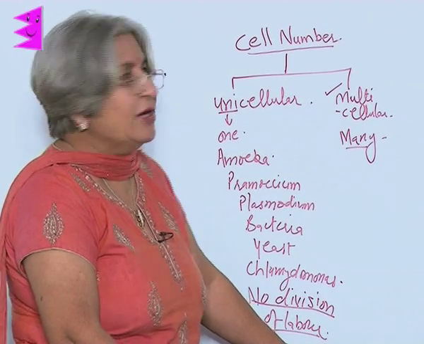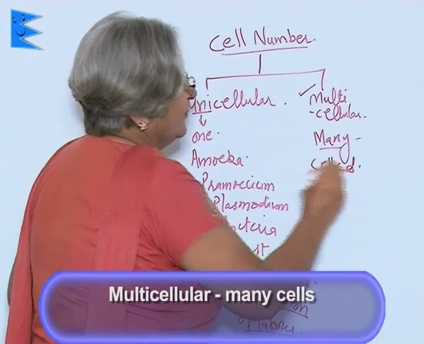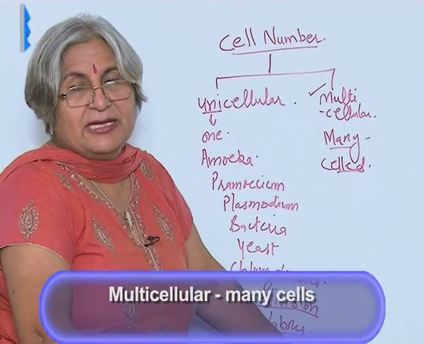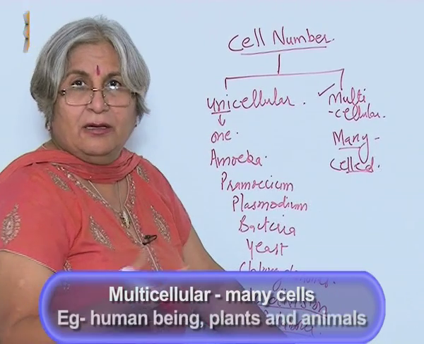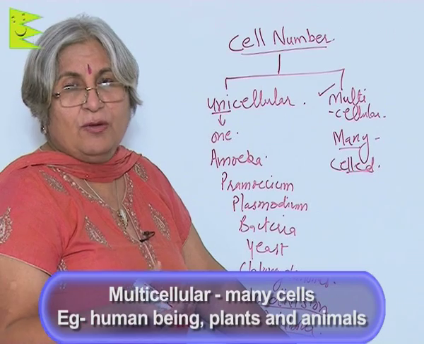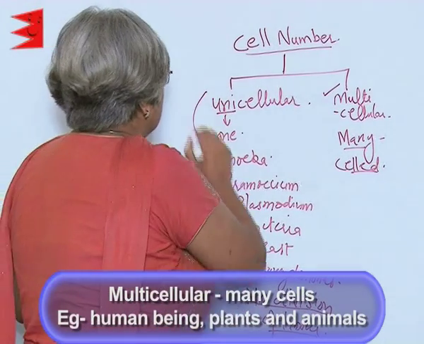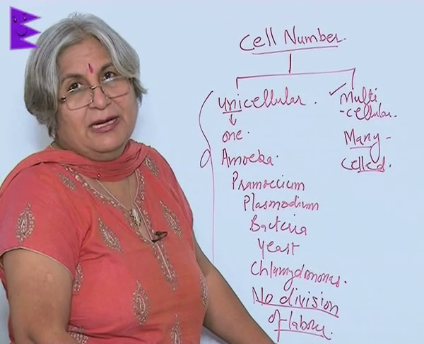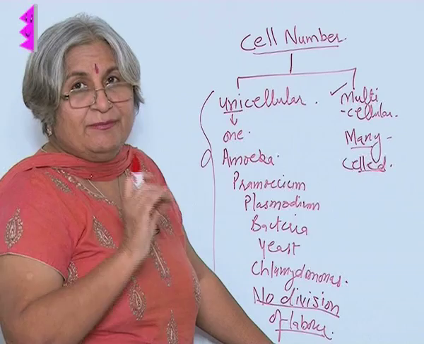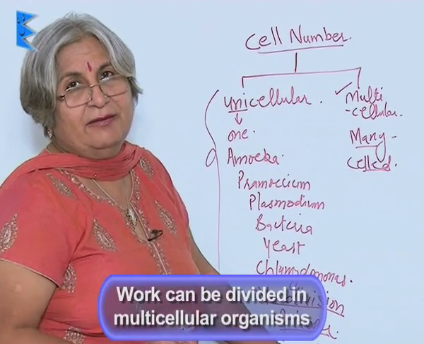So multicellular also means many-celled. Examples are of course human beings. All the plants and animals, leaving aside these simple organisms, are multicellular, and their main advantage is that work can be divided.